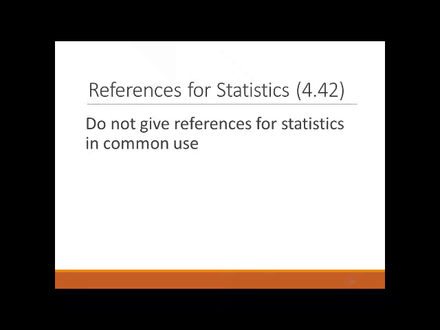APA says that you do not have to provide references to justify your use of different statistical analyses. So you don't have to say an ANOVA will be run to determine differences between the means of the three groups and in parentheses write Green and Salkin. You don't have to do that. You can just say that this is the analysis that will be used, period.